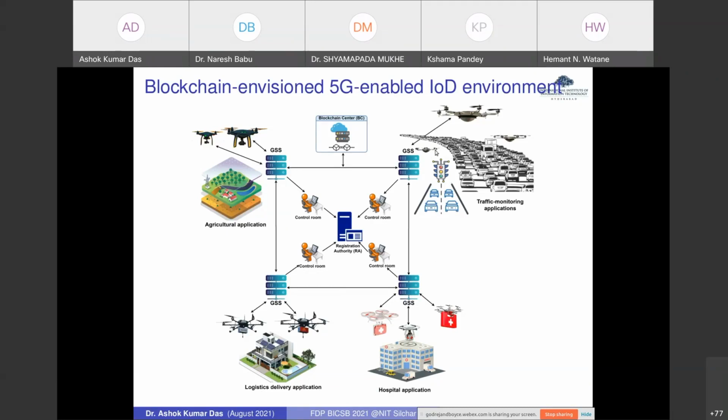Since the communication is secure and the information consists of secret credentials, we require secure communications among drones and GSS, and GSS and the control room, so that the information in terms of transactions will come to the GSS.